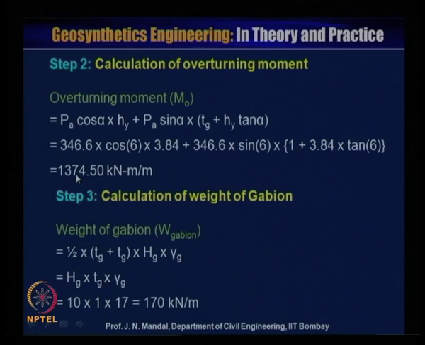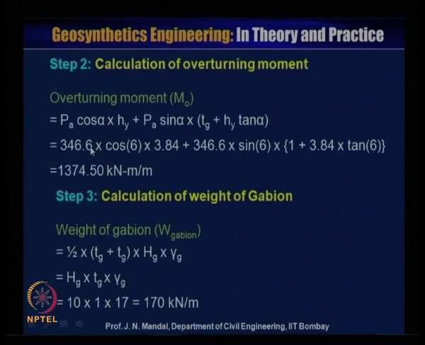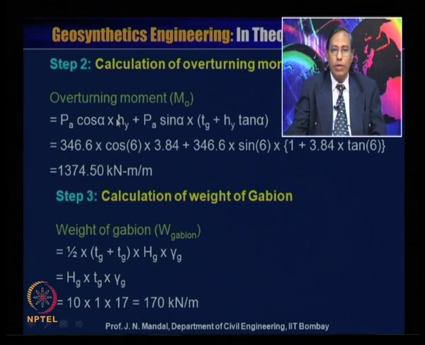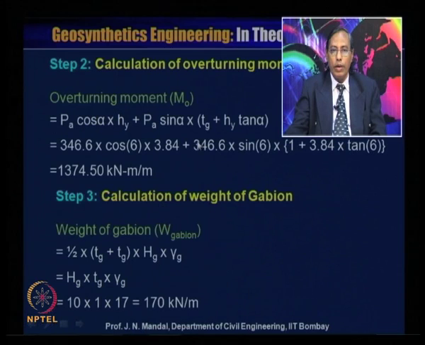Pa you just calculated, 346.6, into cos 6, alpha is 6, times Hy which is 3.84, plus Pa again 346.6 into sin 6, times Tg, which is 1, plus Hy 3.84 into tan 6. If you calculate, the overturning moment M0 is 1374.50 kilonewton meter per meter.